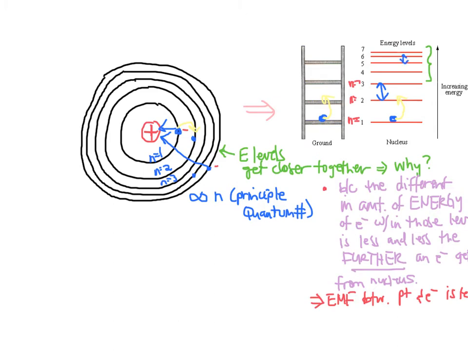Because the energy levels get closer in energy to each other the further you get from the nucleus. But we'd still call each one a quantum because it just means the amount to get you from one energy level to the next. That's what a quantum of energy is.